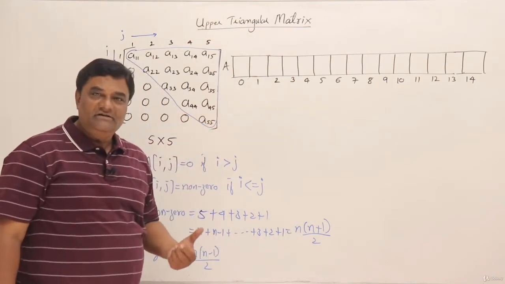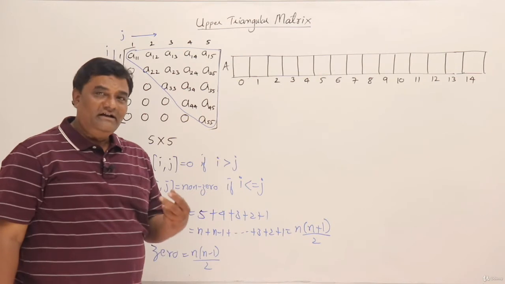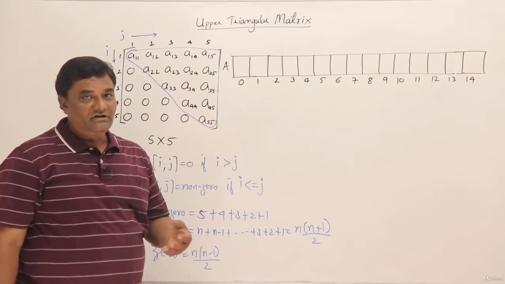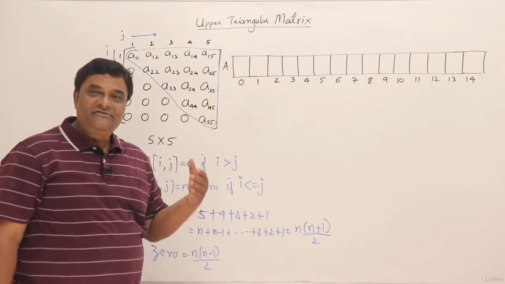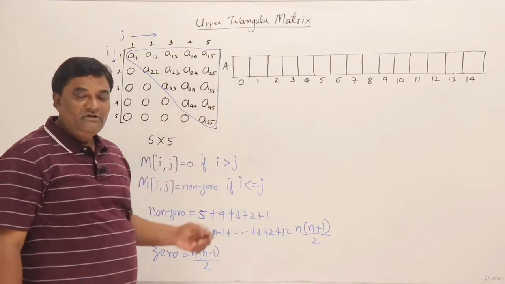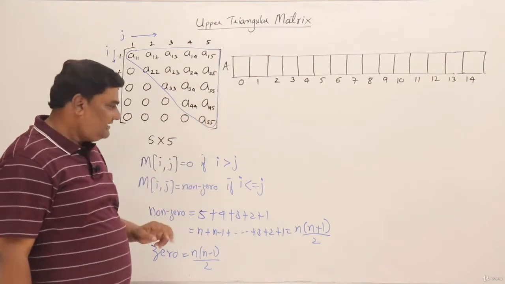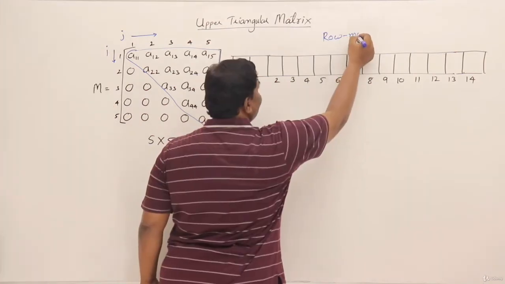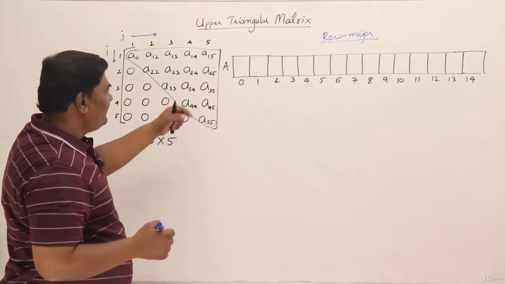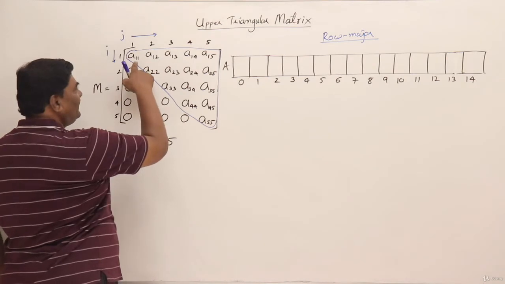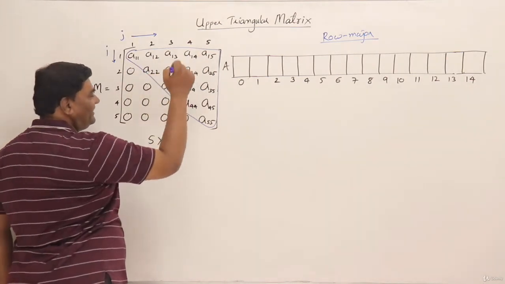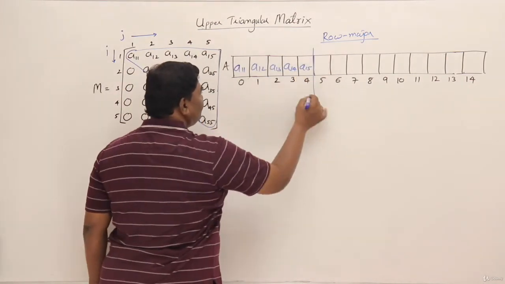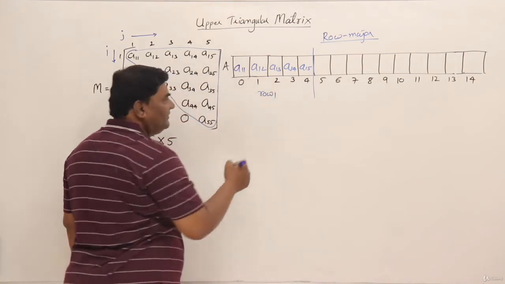So what are the methods? Again, two methods are there, the row major and column major methods. Let us fill the elements row by row. First we will see row major, and I will remove this one so that I can work in this place. I will fill these elements row by row. The first row is A11, 12, 13, 14, 15. This is row 1.